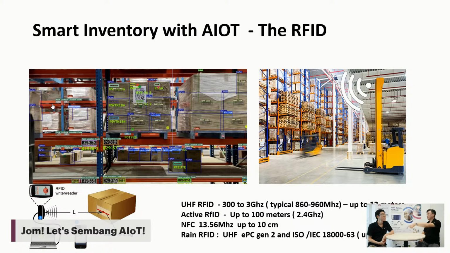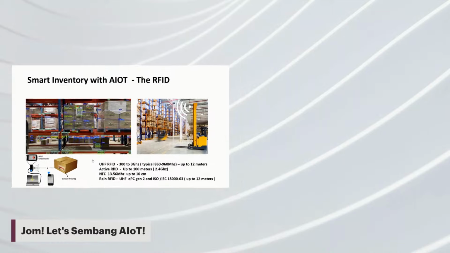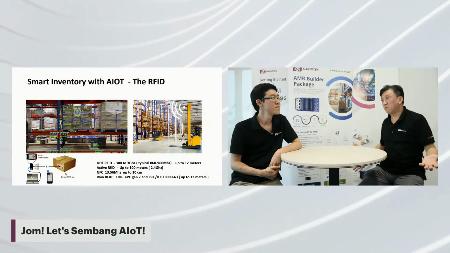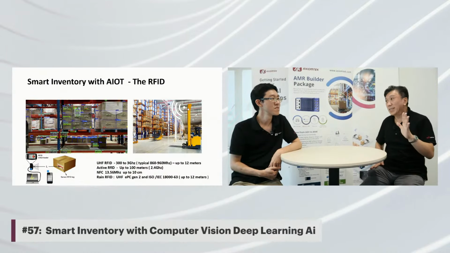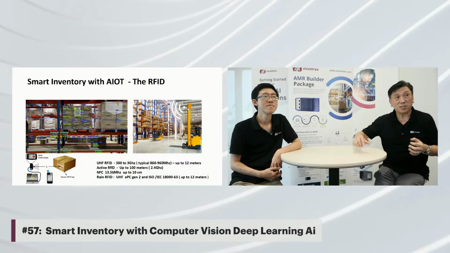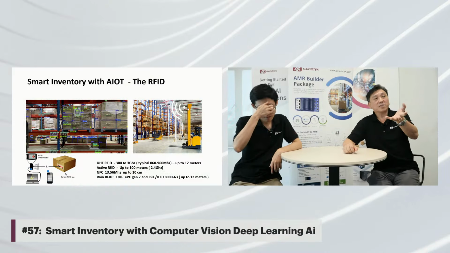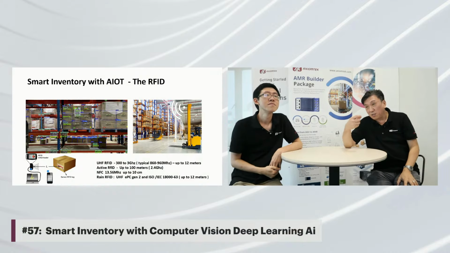But most of the time, if you go downstairs and see, it's about 2 to 3 meters. Beyond 6 to 7 meters, you cannot. The maximum depends on the design. Plus, with an active tag you have a battery, you can do up to 100 meters.